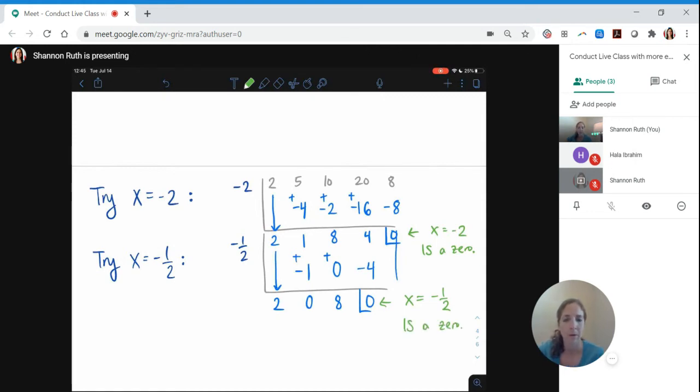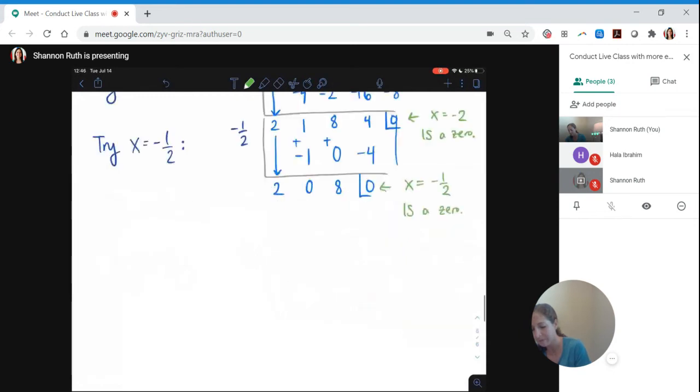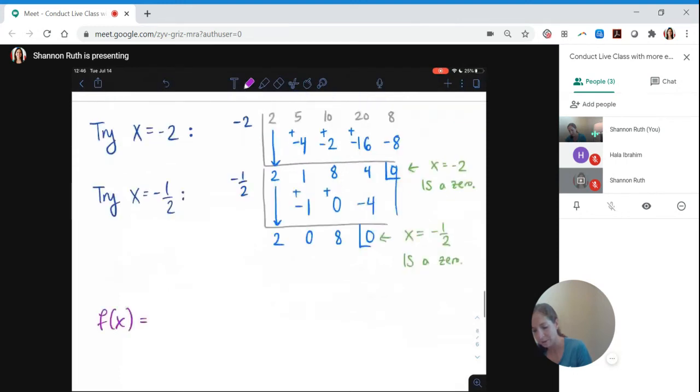Okay. Perfect. So that probably matches up, Paula, with your work in terms of the two rational zeros, right? Then from there, it might be fun to see if we can, again, summarize what this means about the polynomial. So if I write out the original function we started with again, it was 2x to the 4th plus 5x cubed plus 10x squared plus 20x plus 8.